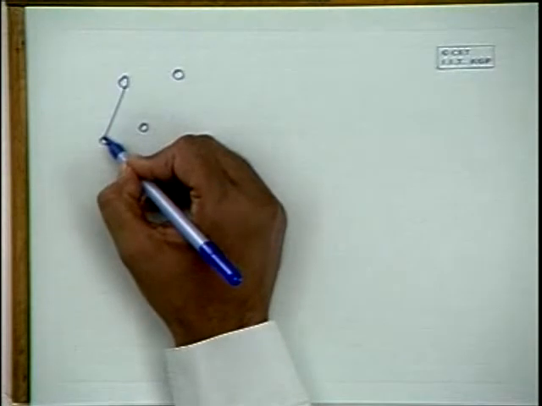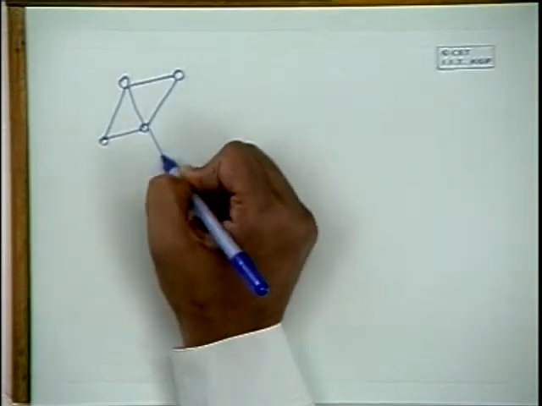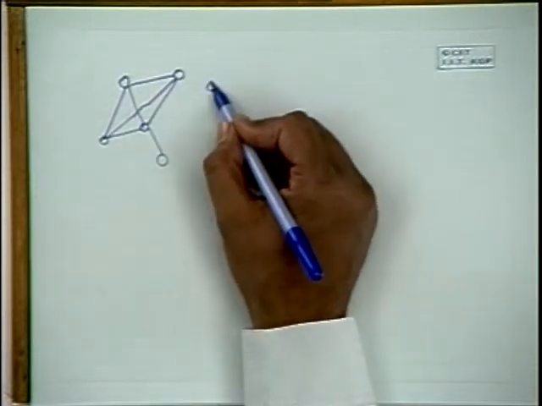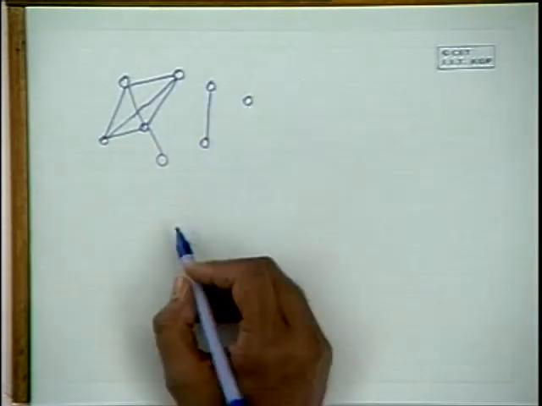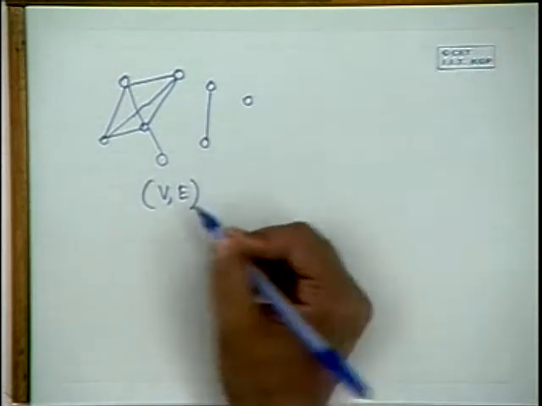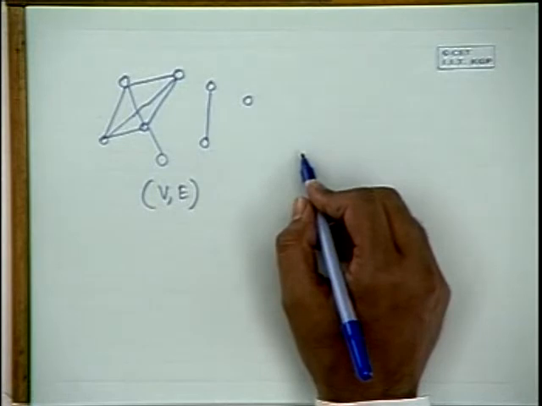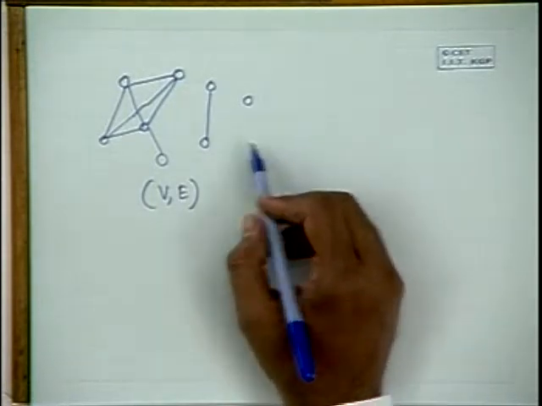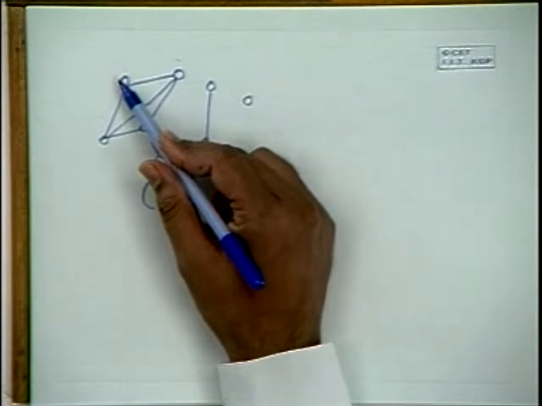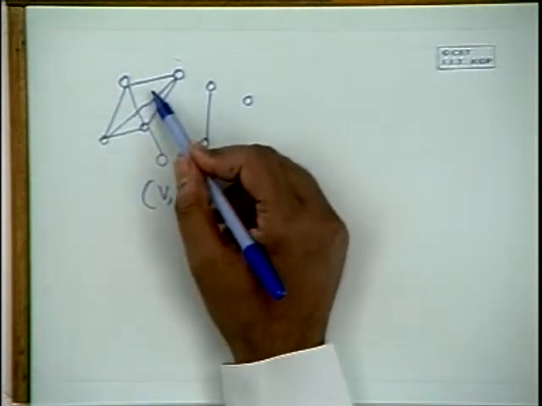So suppose I have this graph. Suppose this is the graph, a graph G = (V, E). How many connected components does this graph have? Three. Because each is a maximal subset of vertices such that any two vertices are pairwise connected.